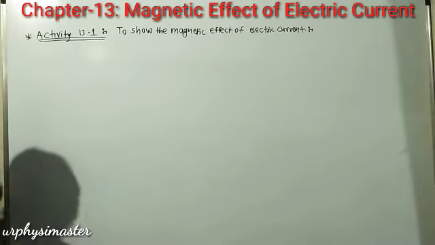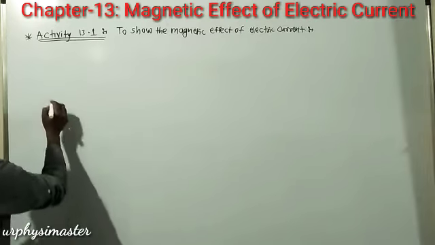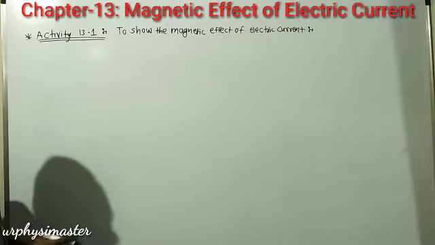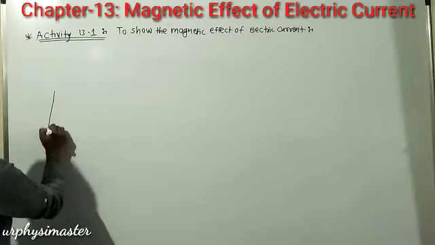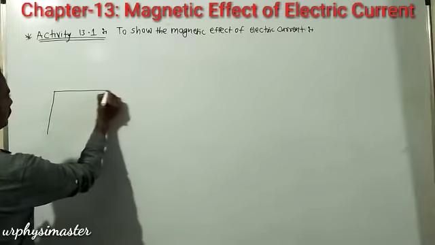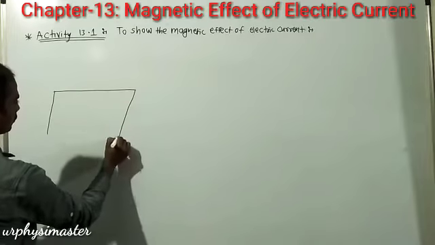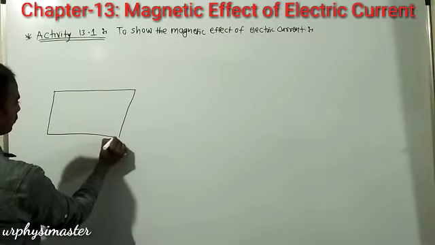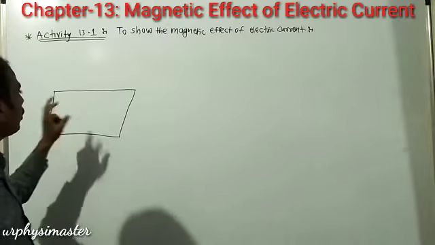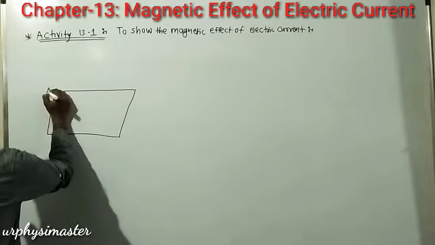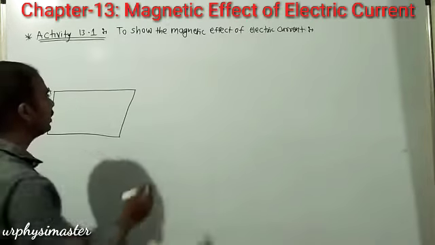So let us first take the horizontal or plain cardboard ABCD. Here is a rectangular cardboard, which is kept horizontally.